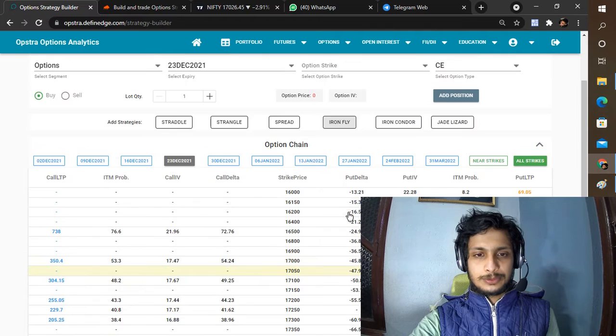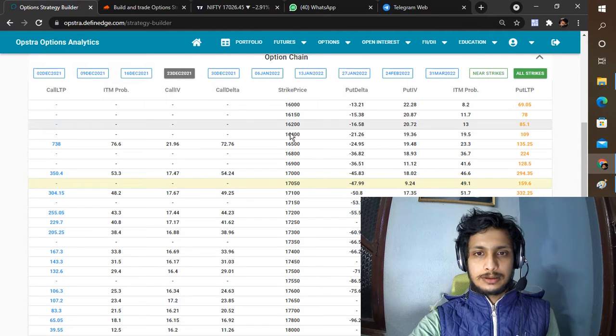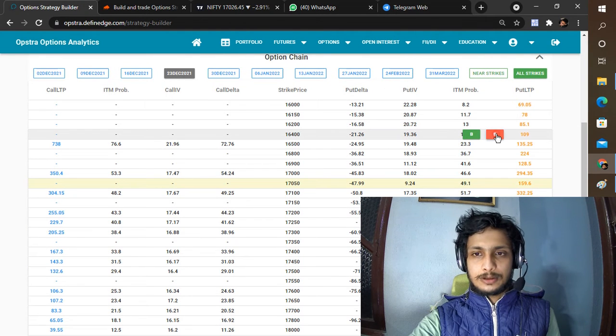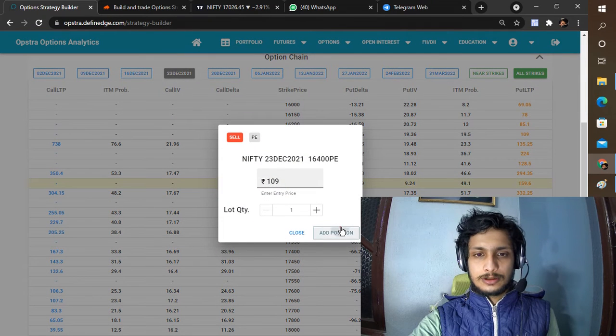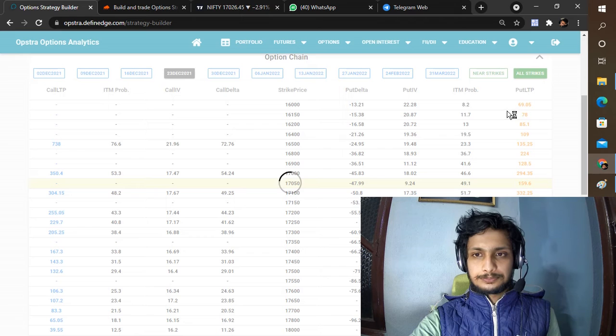What we will do is sell a 20 delta put, and buy a 10 delta or around 13 delta put to hedge it. Opstra is pretty slow today. Sometimes it happens, there are technical glitches.